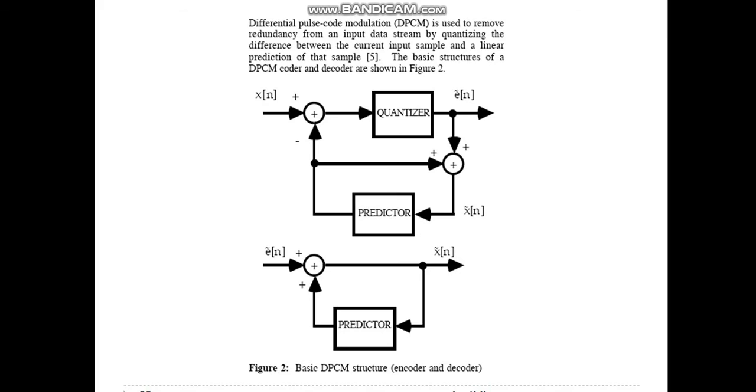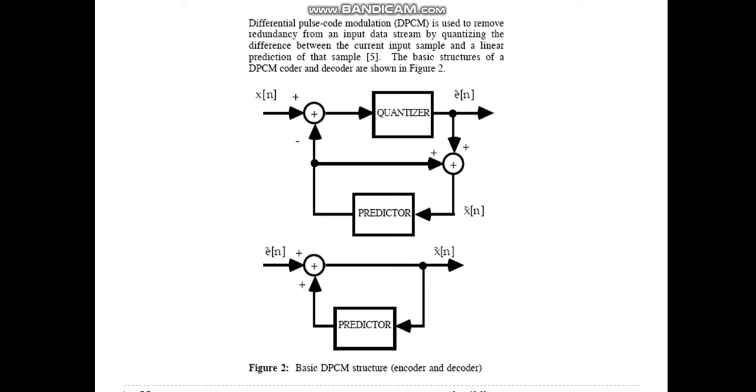This is the diagram structure for the encoder and decoder. This is the block diagram for encoding and decoding. There is a process where we add a predictor, used to remove the redundancy from a data stream. Higher correlation results in redundancy, as I already said, so from that we have to remove the redundant information. We remove redundancy in the input data stream by quantizing the difference between the current input sample and the linear prediction of the sample.